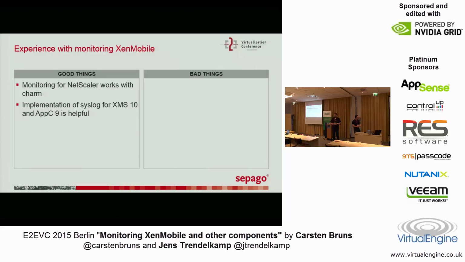The implementation of syslog for the Mobile Server 10 and App Controller 9 is very helpful, but it's not enough, I think. But it can help you to troubleshoot your environment. If you get the information directly in one place on your syslog server, it's easier to find errors.